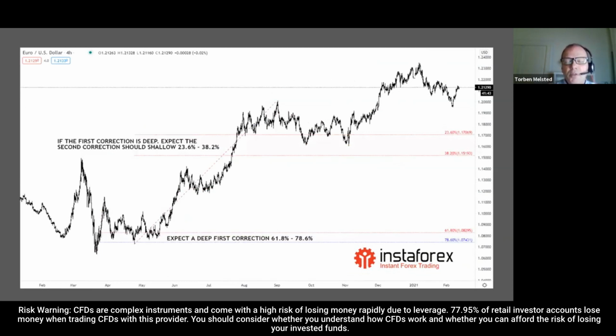Most of you have likely heard about the Fibonacci, which is a good way to find support and resistance too, if you are in doubt how to do it. What I normally do, let's take from March 2020, I look at the first move here.